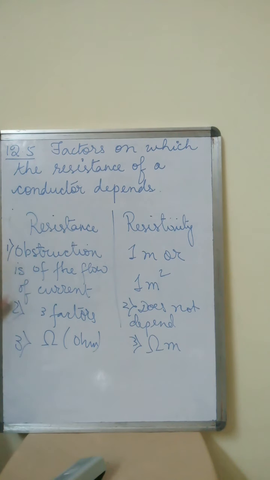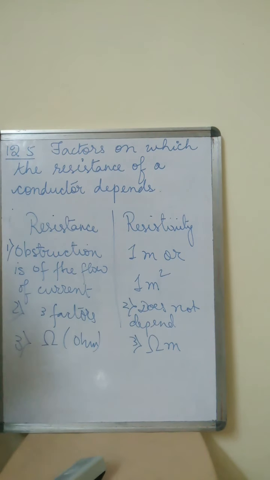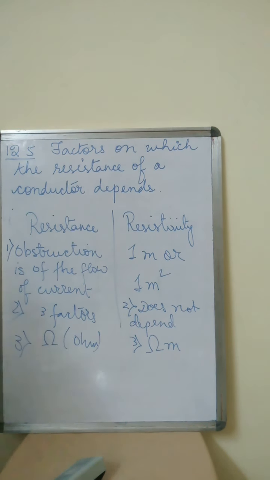Next, resistance depends on three factors: length, area of cross section and the material used, but resistivity does not depend on length and area of cross section. The SI unit of resistance is ohm, whereas the SI unit of resistivity is ohm meter.